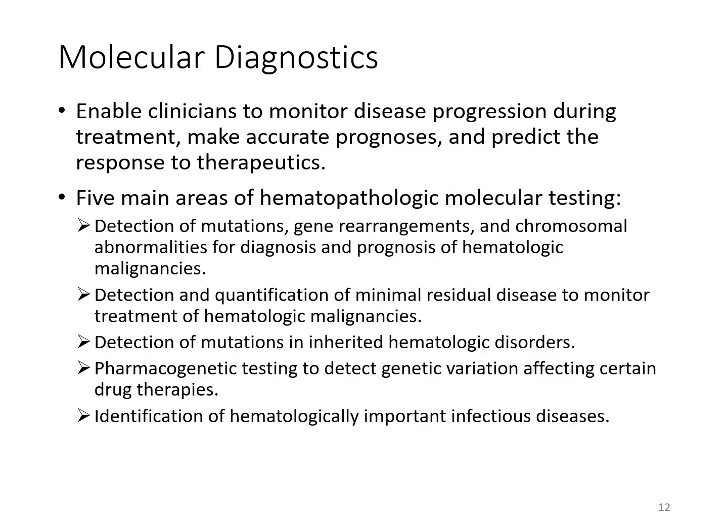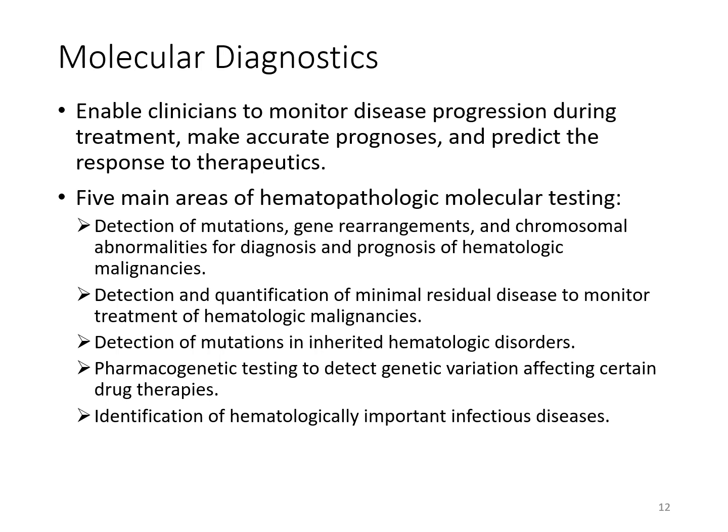Molecular techniques actually enable a clinician to monitor disease progression during treatment, and this helps them make an accurate prognosis and predict the response to therapeutics. What molecular diagnostics does is look at everything from a DNA, RNA standpoint, looking for various abnormalities.